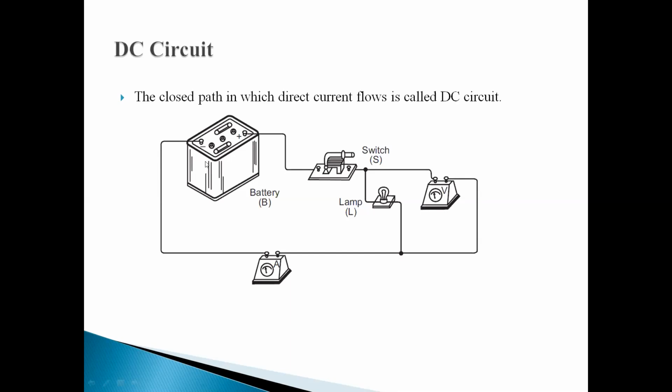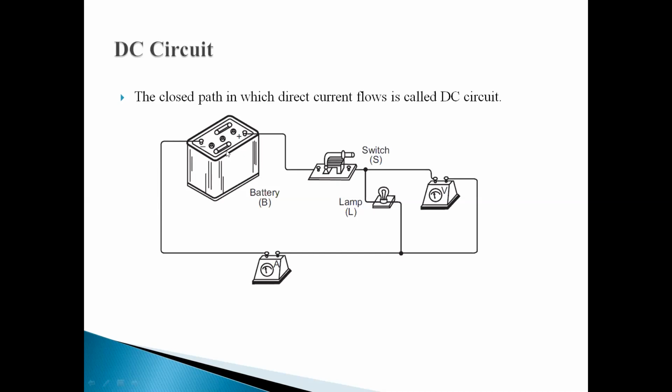Because we are talking about a DC circuit, we must be using a DC source. So, this is the DC source, a battery which will give that direct current. This is a switch to turn on or turn off the lamp.